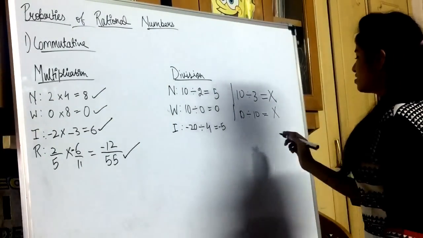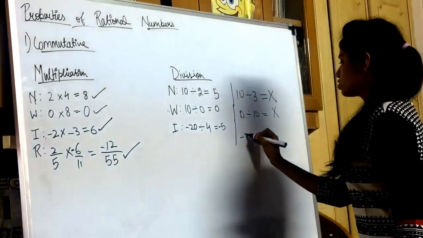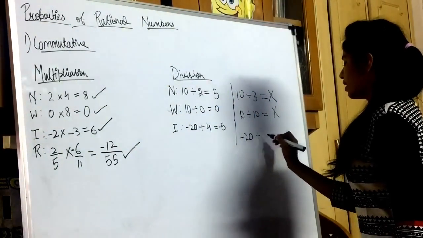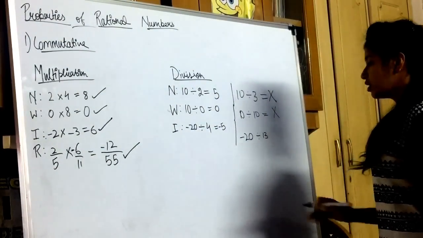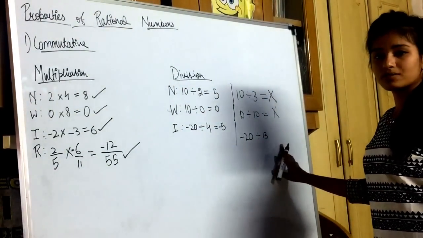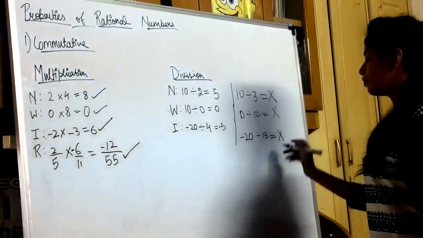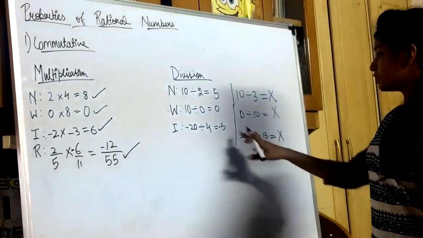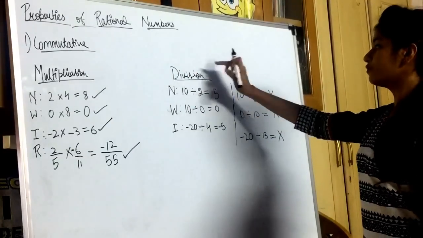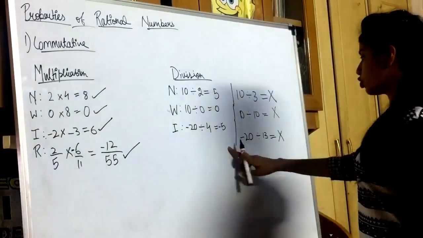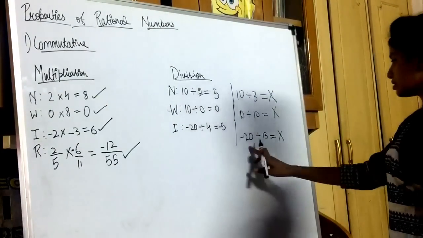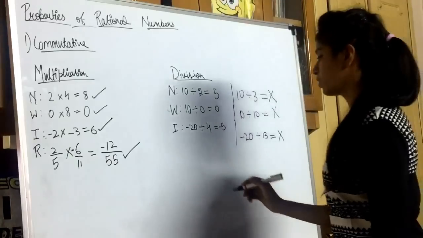What if we have a number such as minus 20 divided by, say, 13? Does this give us an integer? It does not. So the commutative law for division of integers does not hold true because the resultant is not an integer.